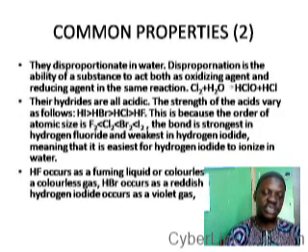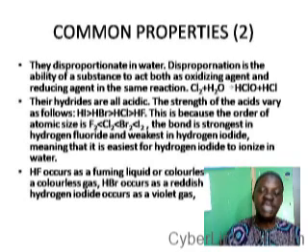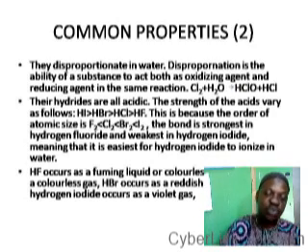They have common properties that we can talk about for all of them. Among the common properties of halogens is disproportionation. When we say disproportionation, we mean the ability to react as oxidizing agent and reducing agent at the same time in the same equation.